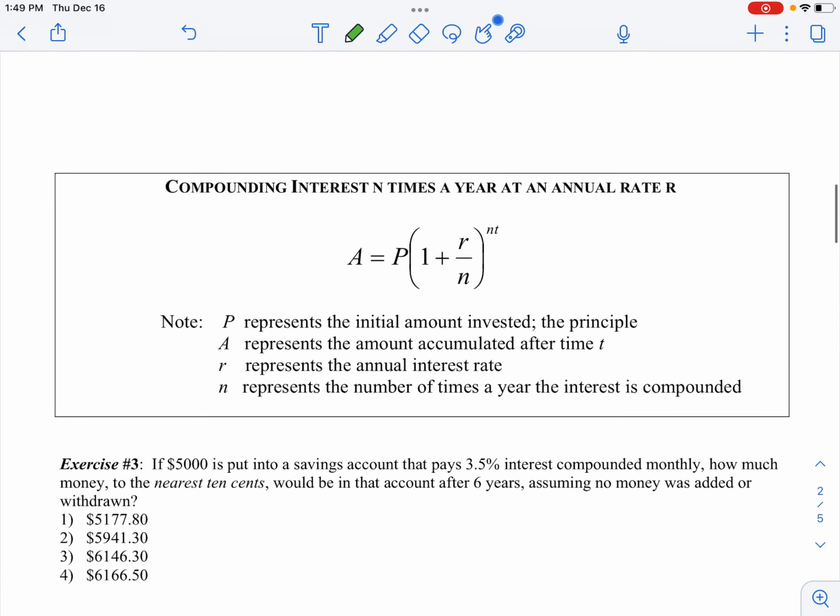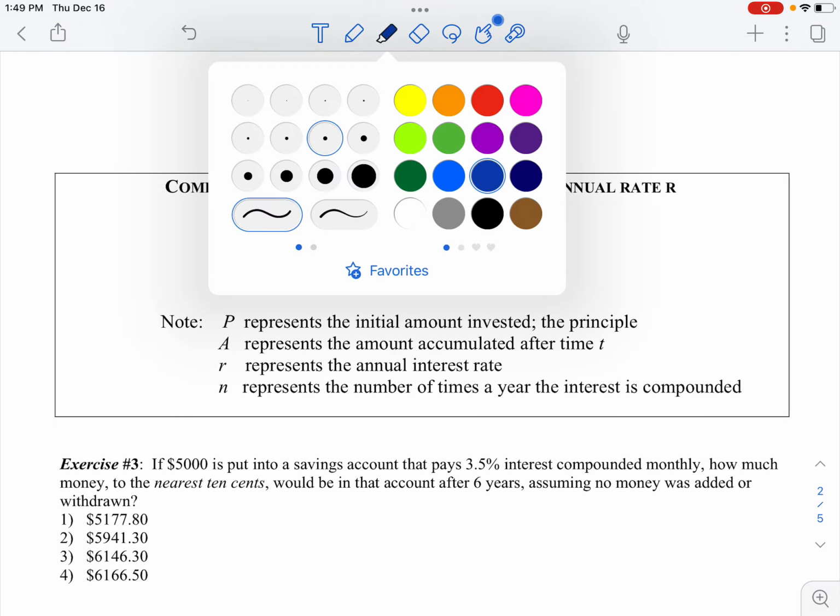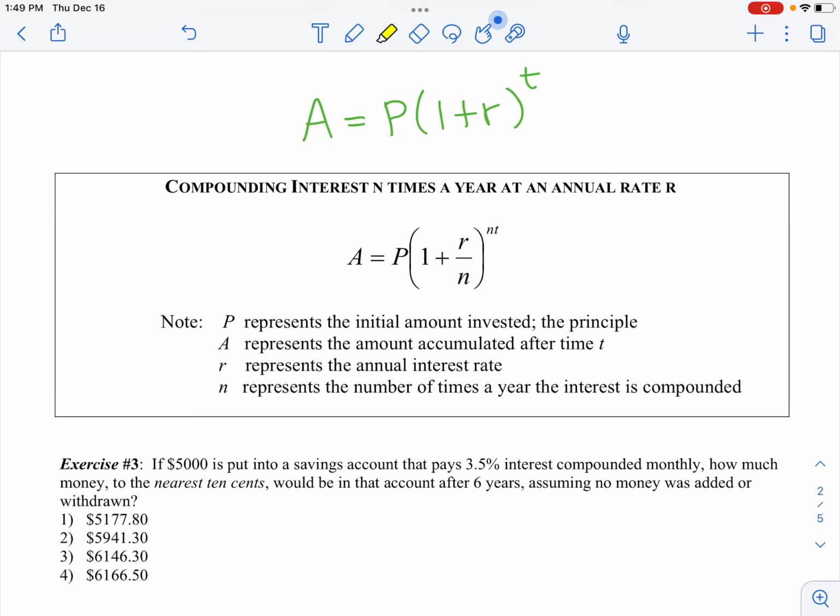Our formula that we worked with yesterday, which was compounding just annually, which is really 1 time a year, was A equals P times (1 plus r) to the t. T represented time, r was our annual interest rate, P was the principal amount, and A is the amount over time. So here, what's changing? Now we have n times a year at which we are compounding our money.